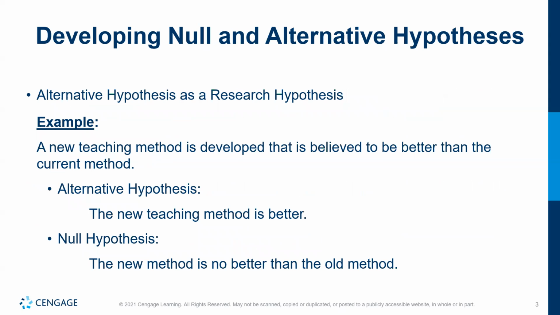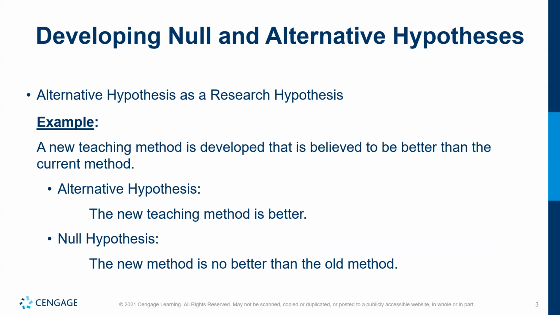All right, so here's an example. A new teaching method is developed that is believed to be better than the current method. Sometimes it's easier to develop the hypothesis by considering what the research is and creating the alternative hypothesis first.